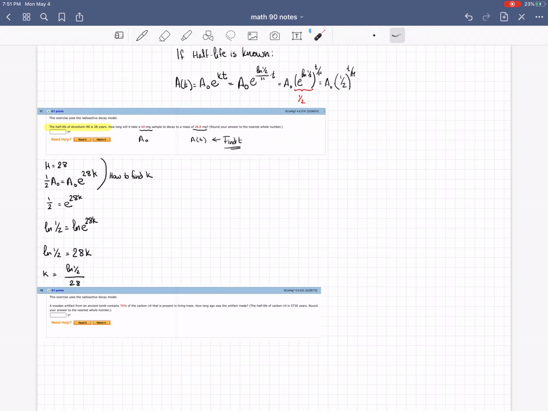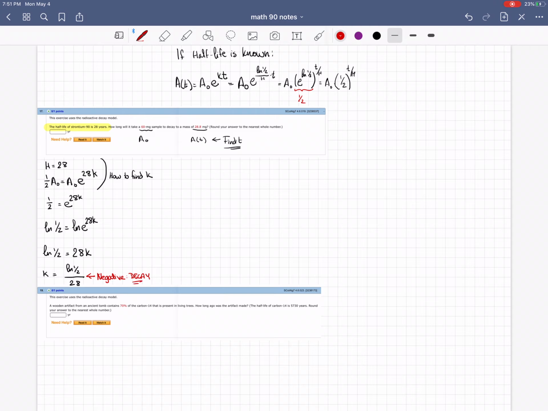So that's what we have in this formula, that the relative growth, the k, is the natural log of 1/2 over the half-life. And again, since this is a decaying situation, the amount of this isotope is declining over time, we're expecting K to be negative, and sure enough, the natural log of 1/2 over 28 is a negative number, which tells us that we're looking at a decay situation.